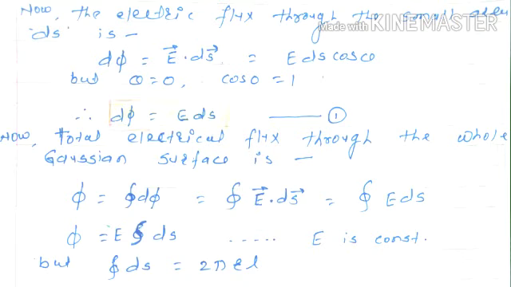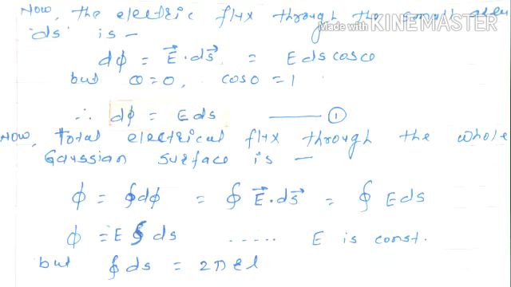Therefore phi equals the integration over the closed surface of d phi, which equals the integration over the closed surface of vector E dot vector ds, but the angle between them is 0, so phi equals the integration over the closed surface of E ds.